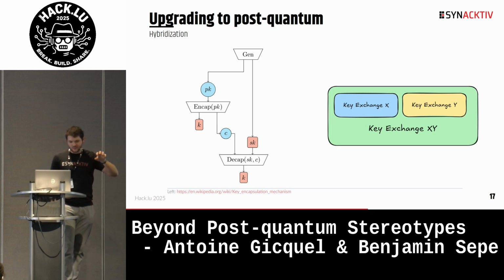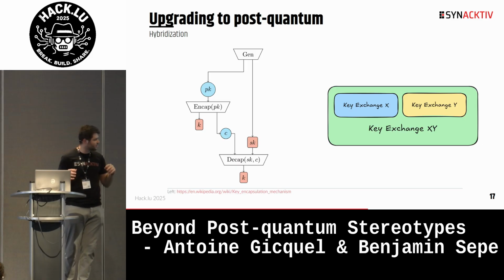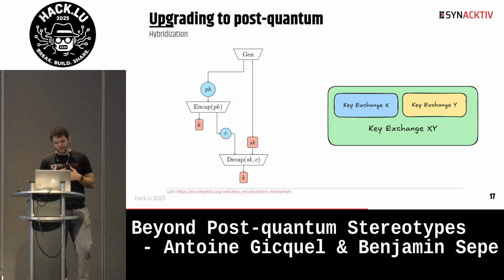Then you have the encaps function, which takes a public key and generates the shared secret as well as a capsule. The capsule can be sent to the decaps function, which, along with the secret key, can recover the shared secret.